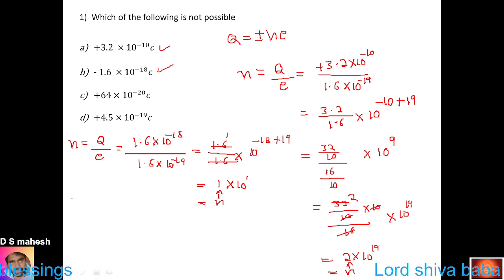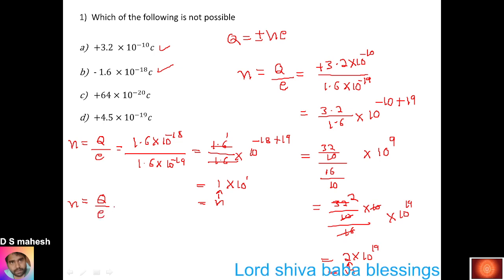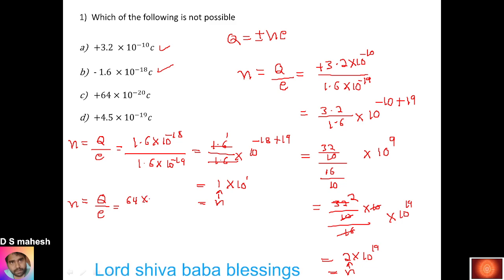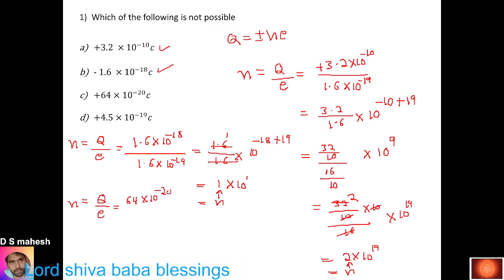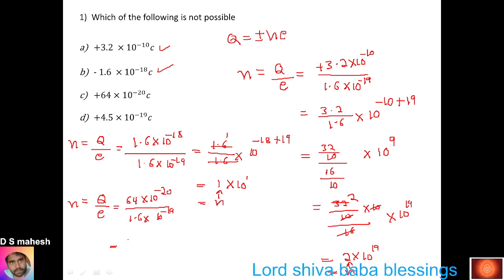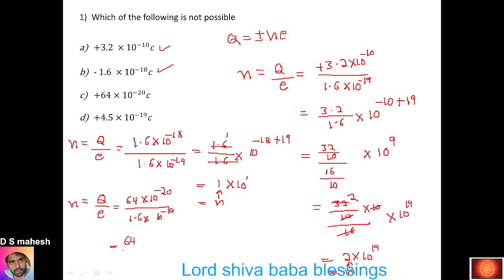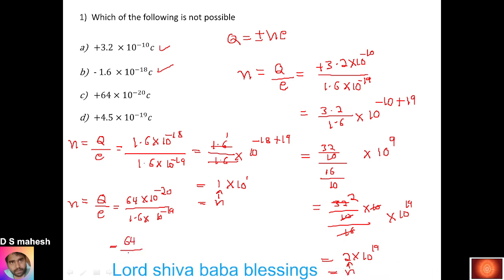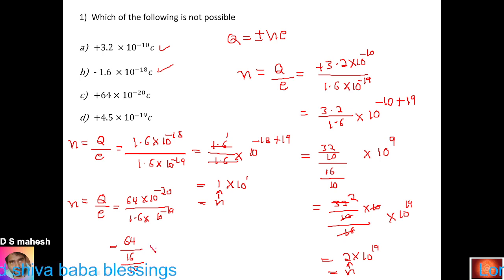Next, let us consider the third case. N is equal to q by e. So here the value of n is 64 into 10 to the power of minus 20 divided by, again, 1.6 into 10 to the power of minus 19. As I said earlier, take all the exponents on one side. 1.6 can be written as 16 by 10, into 10 to the power of minus 20.